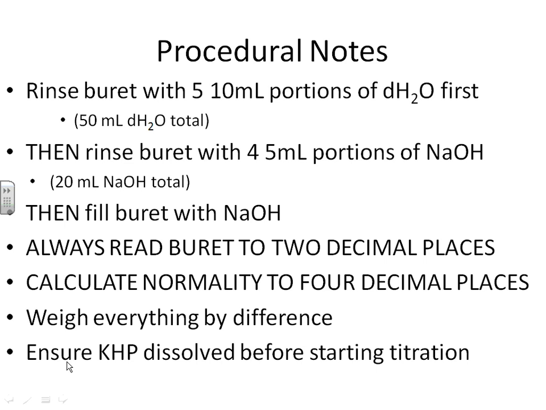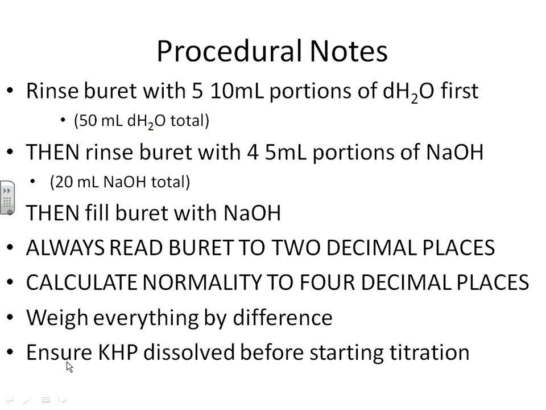Once you've done that, you still cannot fill it up with your sodium hydroxide solution. You are then going to rinse your burette with 4 5-milliliter portions of your NaOH solution that you will be standardizing. So 20 milliliters total, but again, you're not going to do the 20 milliliters all at once. You're going to add 5 milliliters of the NaOH, rinse it out, and then repeat.